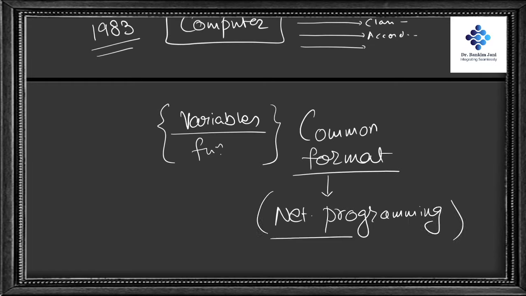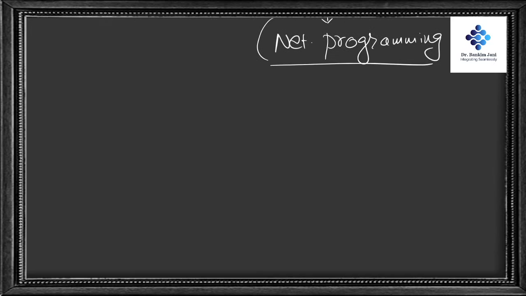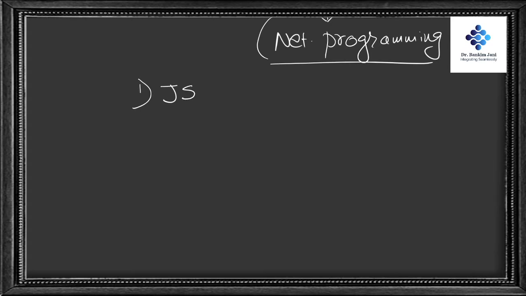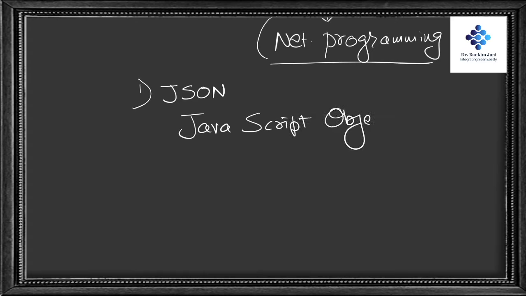As soon as this started, people jumped on it, and some very fine concepts came. The first concept was JSON, which for network programmability is JavaScript Object Notation.